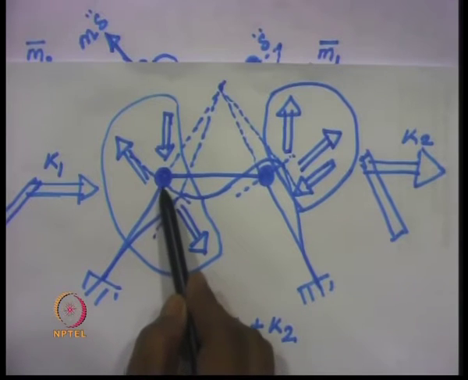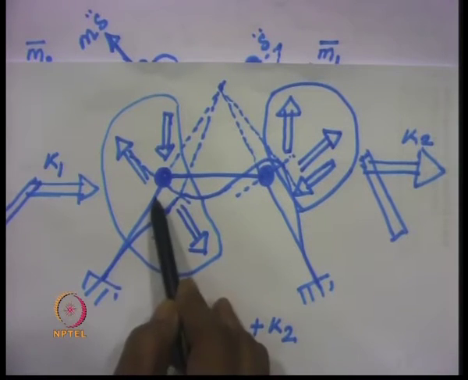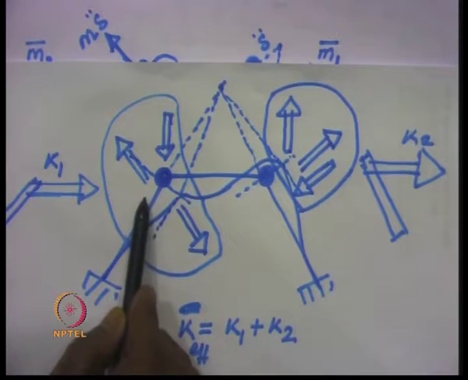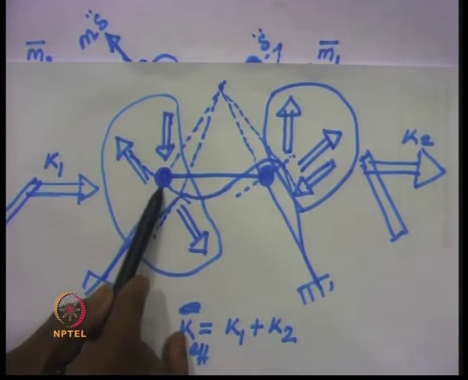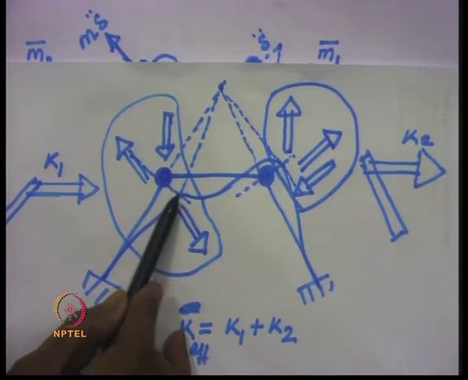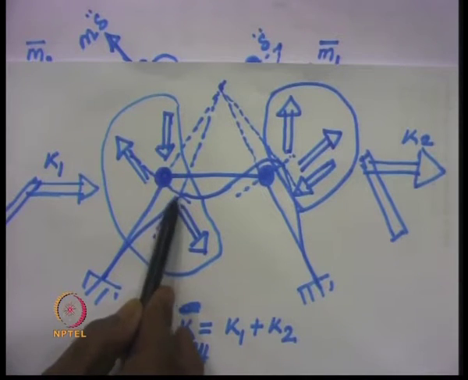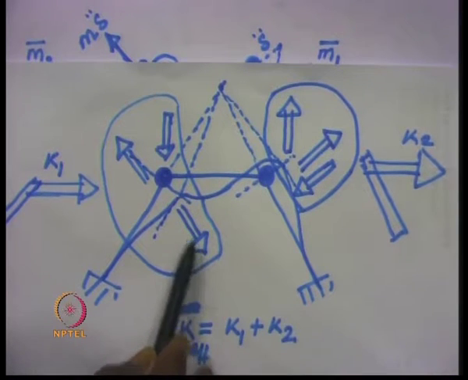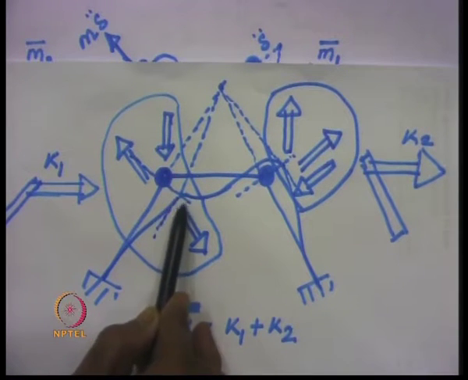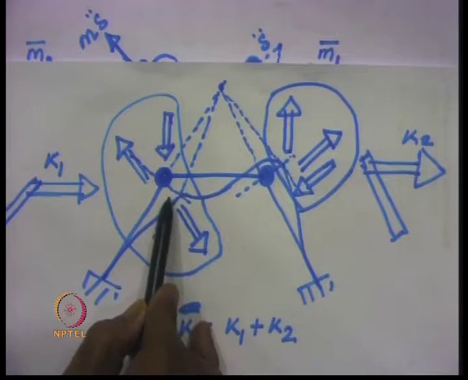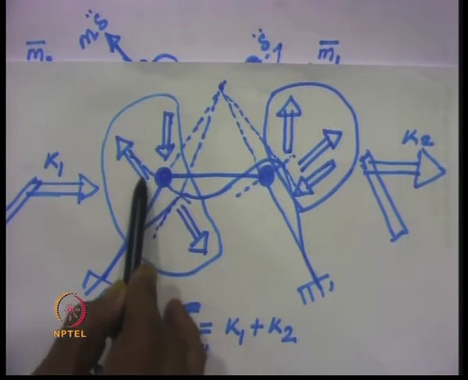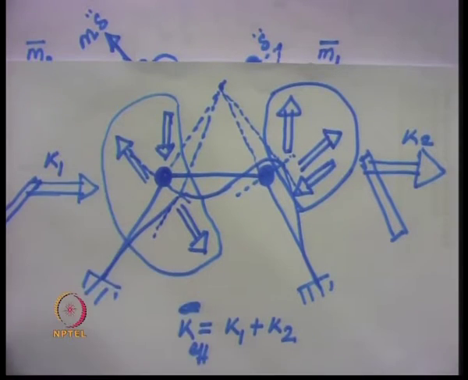Next, let us take this particular inclined leg. In the inclined leg, since it is moving perpendicular to the member over here, there will be a moment produced and a shear force in this direction, plus there is a rotation, say in this direction, and this rotation will give rise to a shear force in this direction.